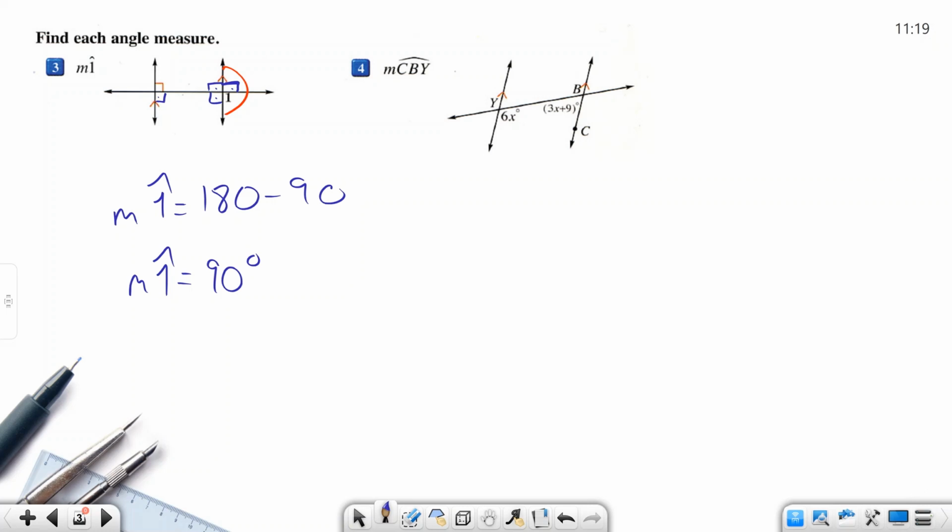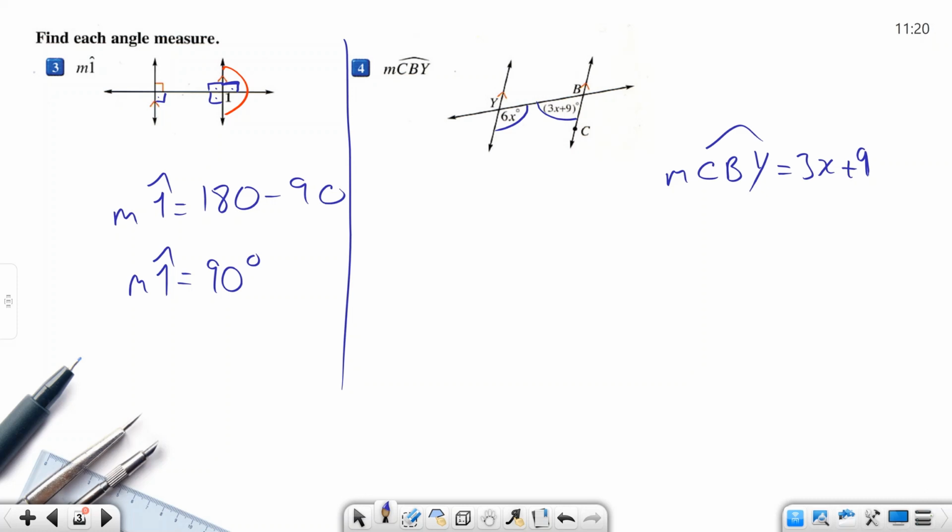Okay, here is another question. As you see, they are same side interior angles. The question is asking about angle CBY. The other angle here we have is 6x. Angle CBY is equal to 3x plus 9. What do we know about same side interior angles?